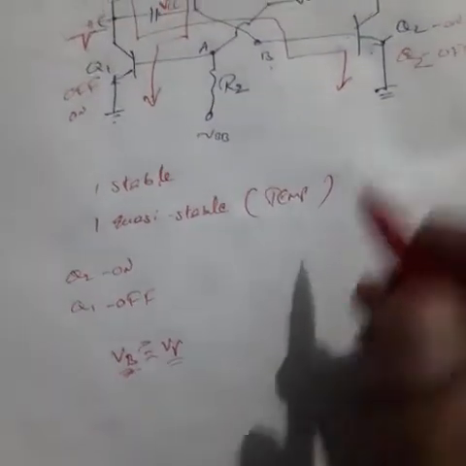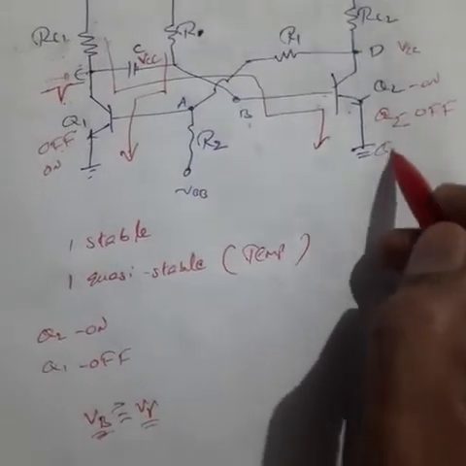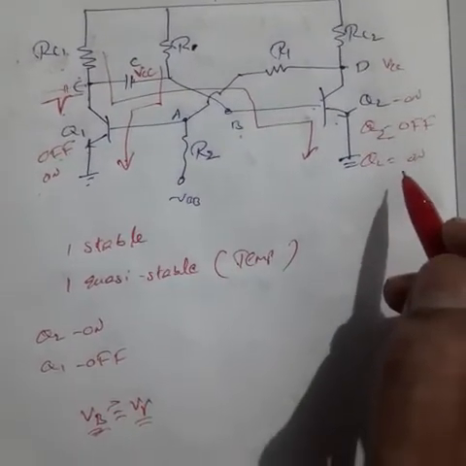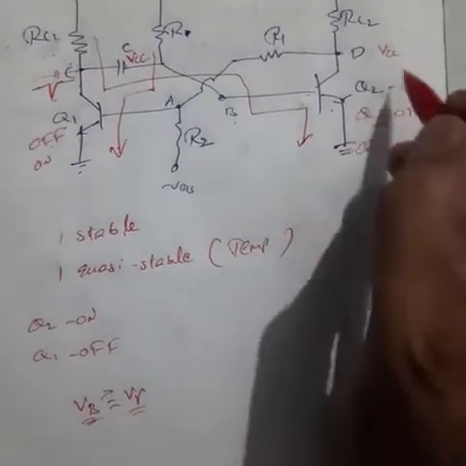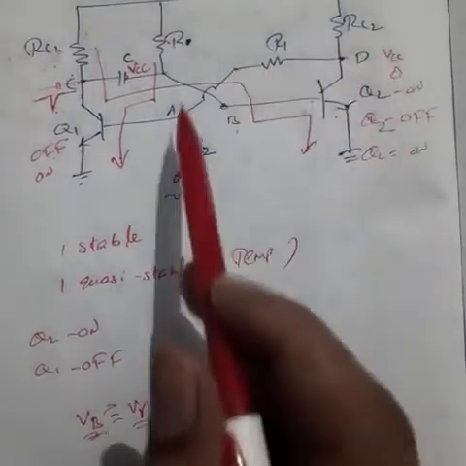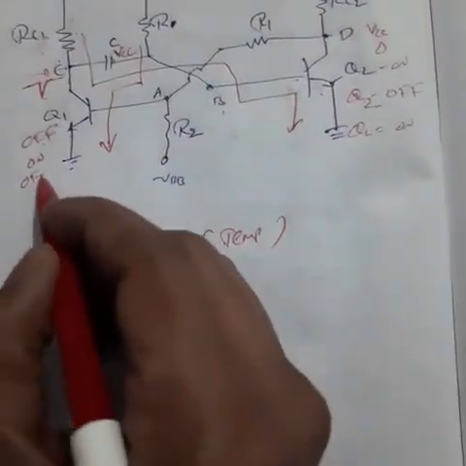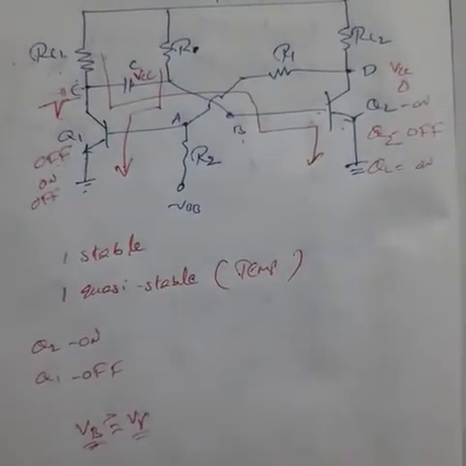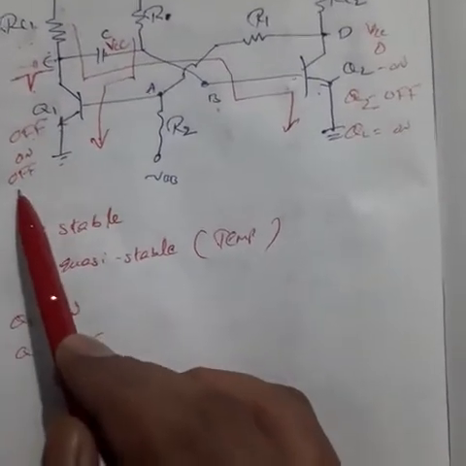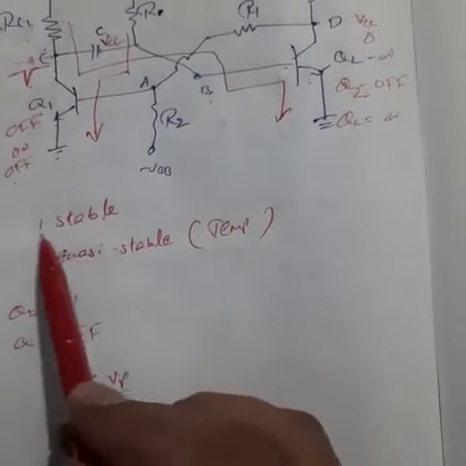At this time, transistor Q2 becomes on. If Q2 is on, then here the voltage is equal to 0, and Q1 becomes off. Okay, this is stable. Again, it enters the stable state. This is the permanent stable state.